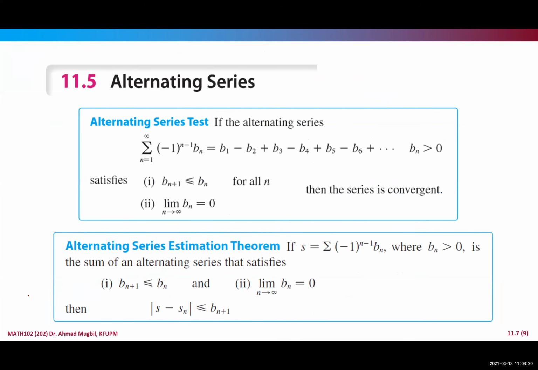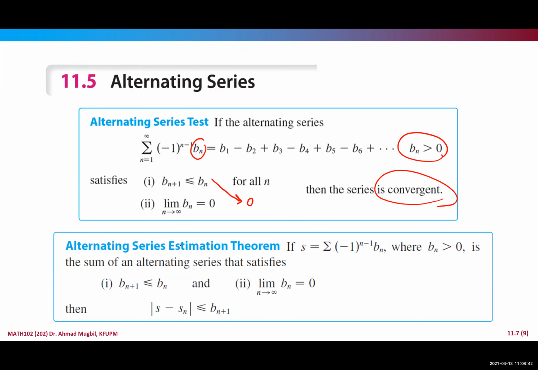In 11.5, we studied the series that are alternating, when we have positive, negative, positive, negative. All what you need to check is that the term without the sign, the positive term, is decreasing and it decreases to 0. So if it decreases to 0, then it is convergent.